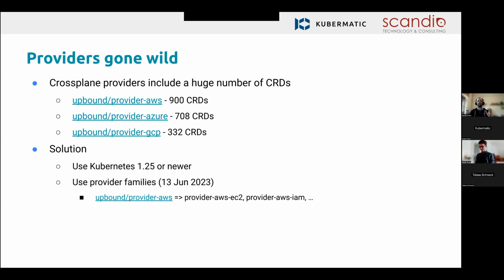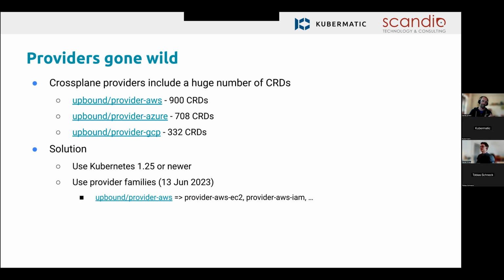One of the most discussed GitHub issues is the sheer amount of CRDs installed by some of the Crossplane providers. For example, if you want to leverage all 3 of the biggest cloud providers, you would end up with almost 2,000 CRDs within your Kubernetes clusters.